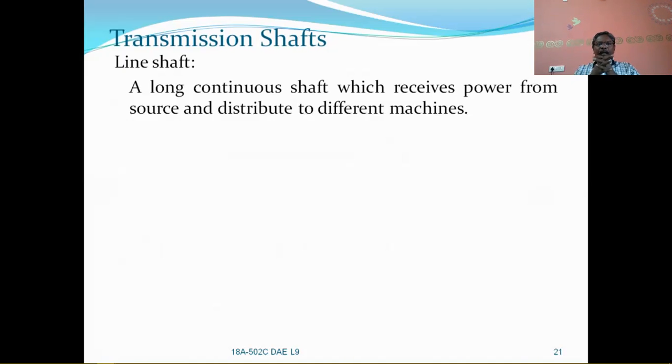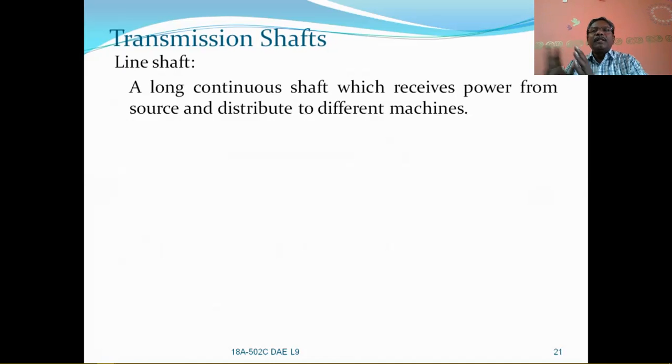If you see in villages, the people have a flour mill, chilli mill, and also a rice mill. All these are connected to one shaft, and that shaft receives power from the motor.